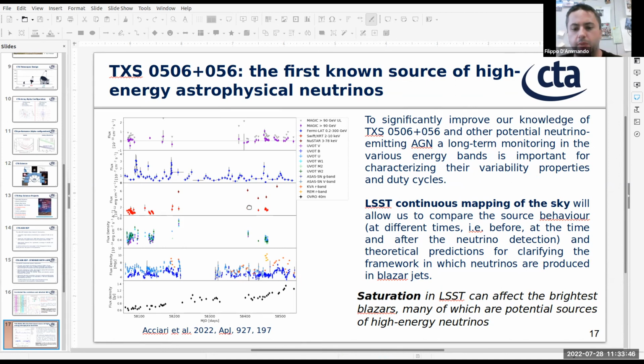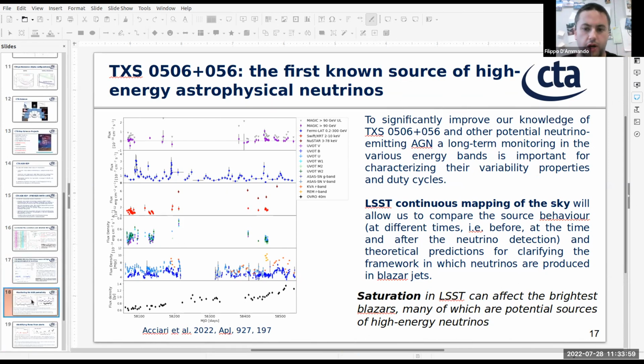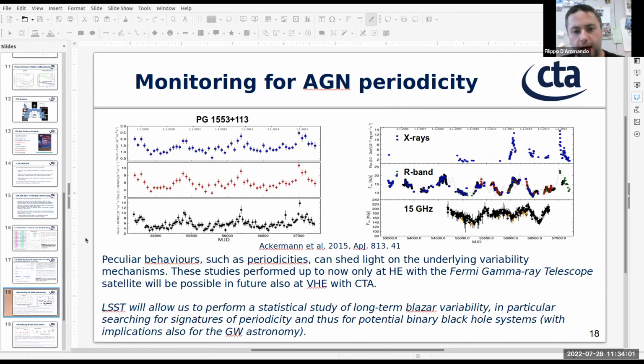But in principle, the possibility to have a long-term light curve for 10 years of candidate AGN neutrino emitters is very important in the future for a connection also with the CTA, and this can be also useful for searching for AGN periodicity and for blazars.